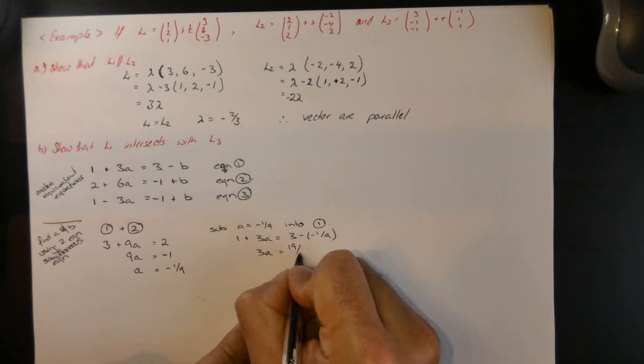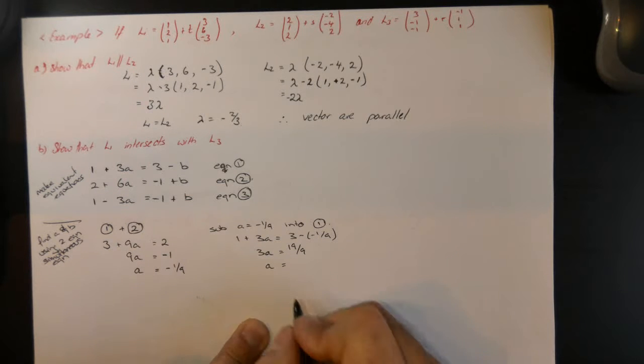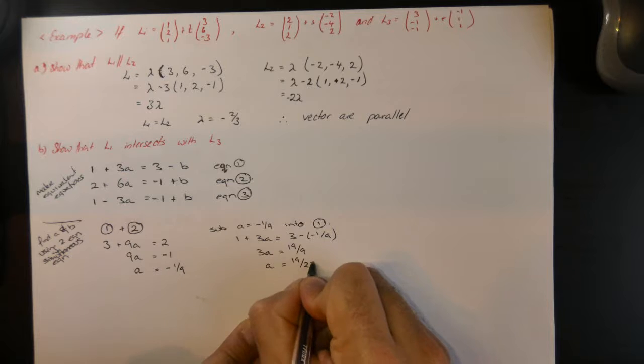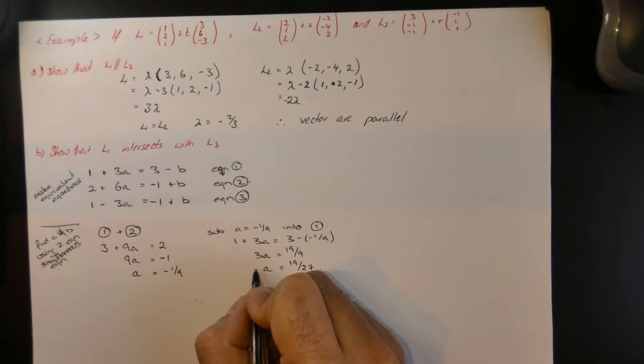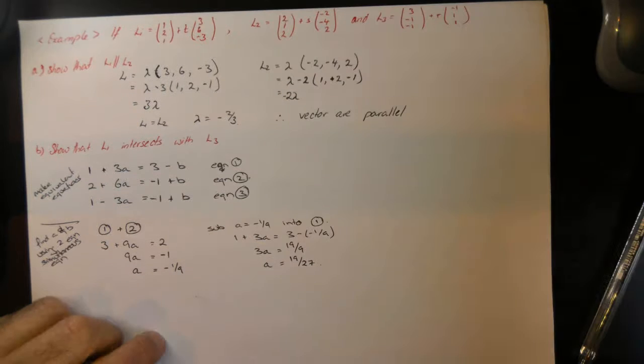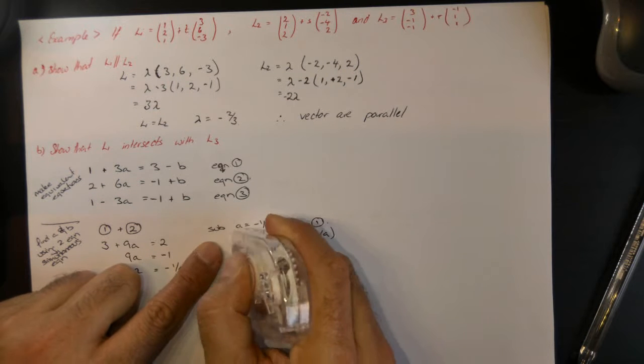So 3 plus 1/9 minus 1. Sorry, that makes no sense. All right, I'm trying to find b.